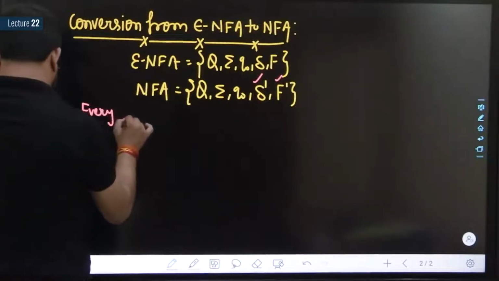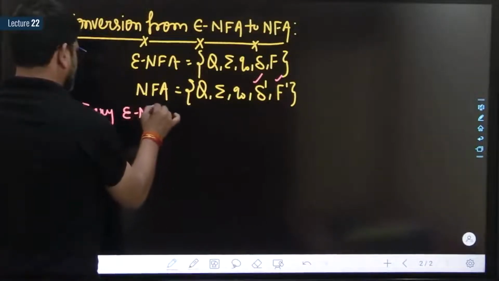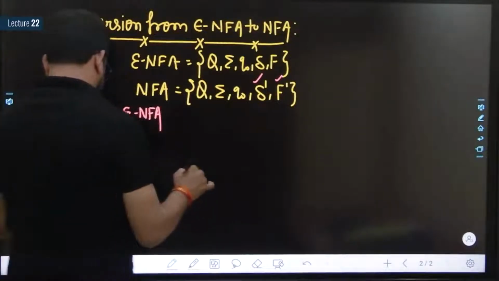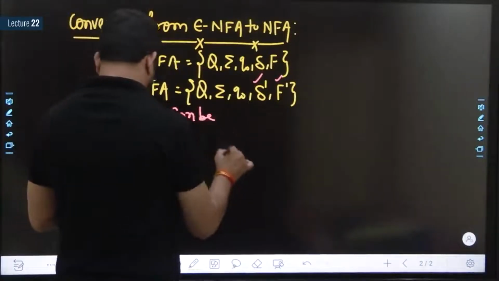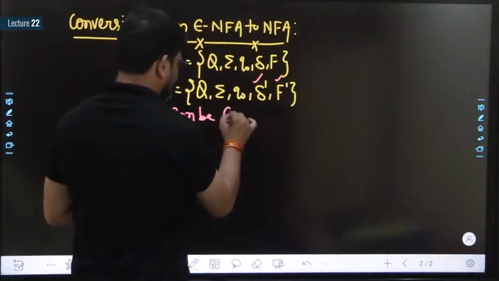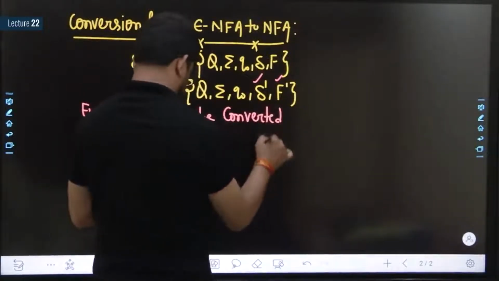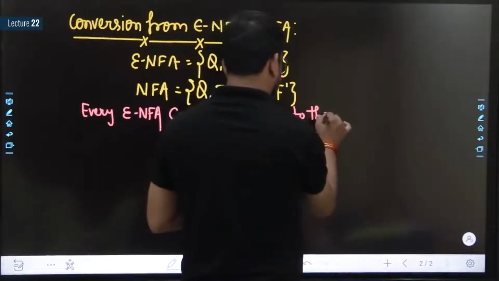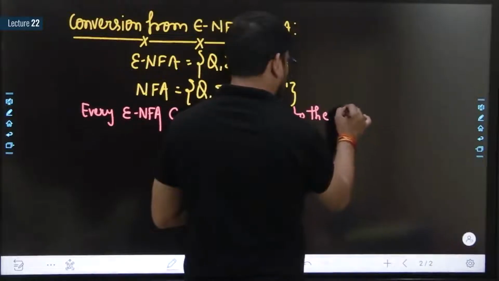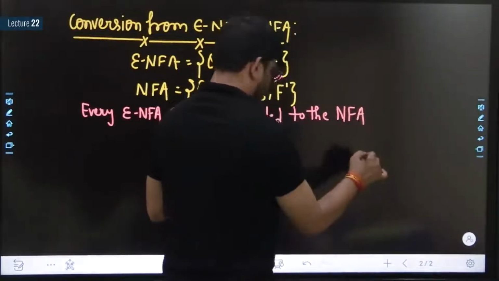Every Epsilon-NFA can be converted to the NFA as follows.